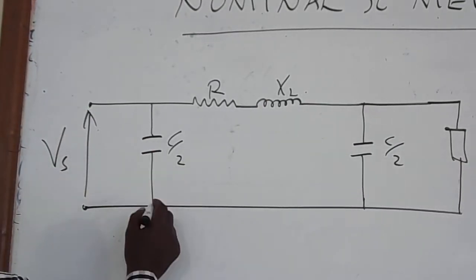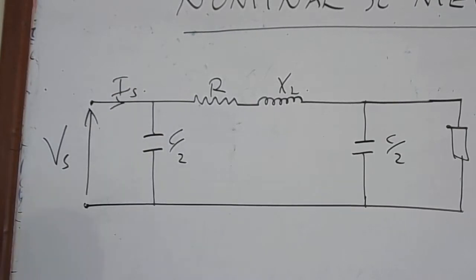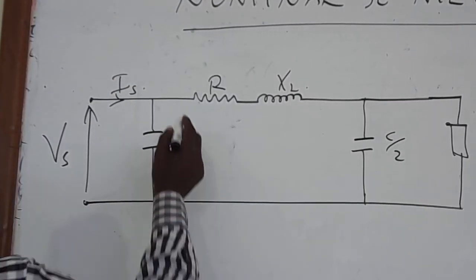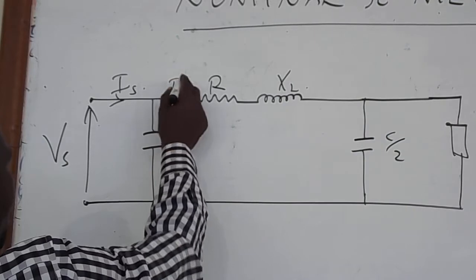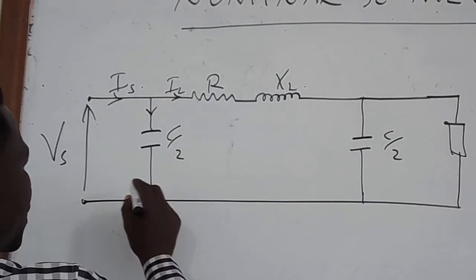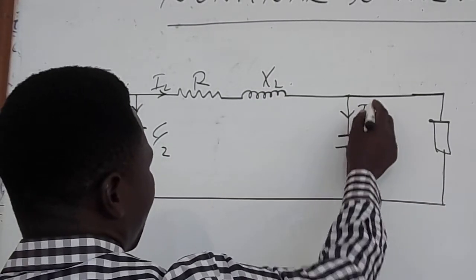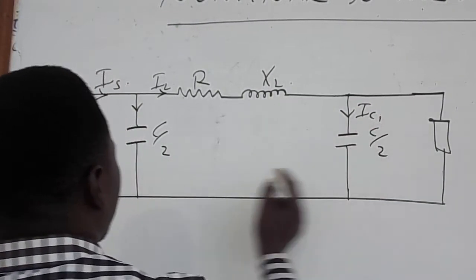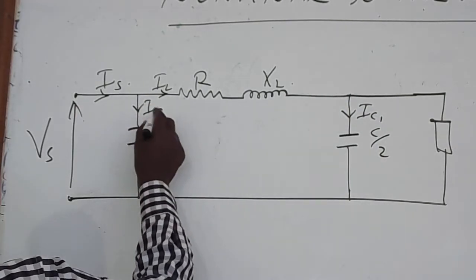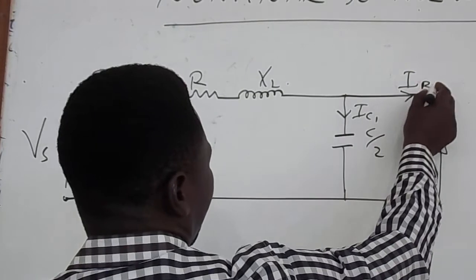The current at the sending end is at that particular point. Then we have the line current, and the current across the capacitors, IC1 and IC2. We also have the load current as IR.